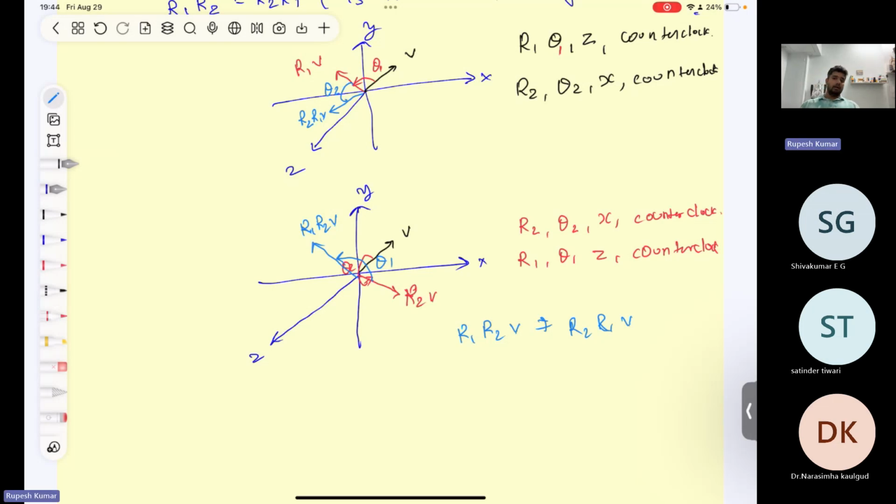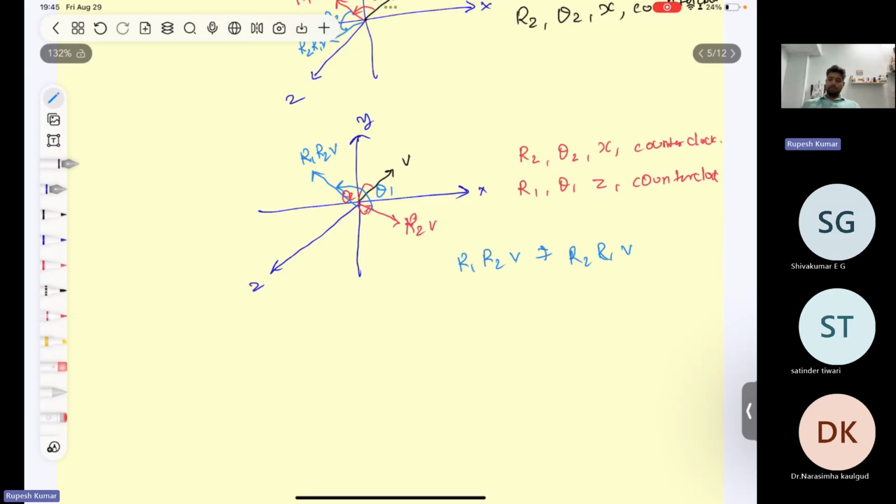It might get a bit confusing in the figure on a 2D surface on the page, but you can always think of it in the 3D space. Let's say you rotate like this and then this, or you rotate this and then this. So these two are not the same. You can very quickly check in the 3D space that this is not always true if the axes are different, right?